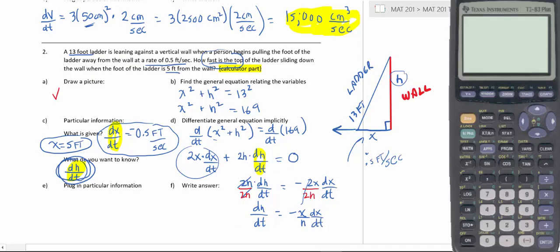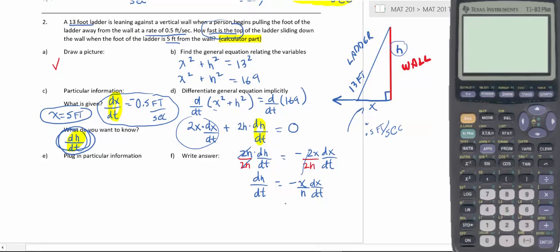Now in this particular problem, you were given that x was 5 feet, so that is going to plug in there. You were also given that dx over dt was this, so you're going to plug that in, but h you also can find. If you look at the Pythagorean Theorem, this was 5, this is 13, and this is a Pythagorean triple, that's 12.